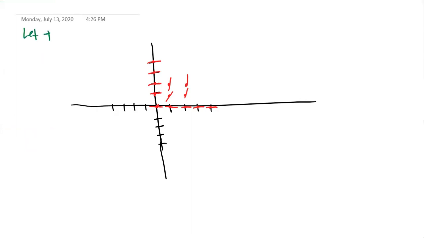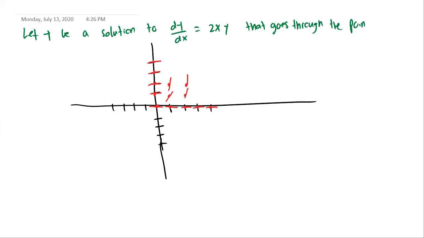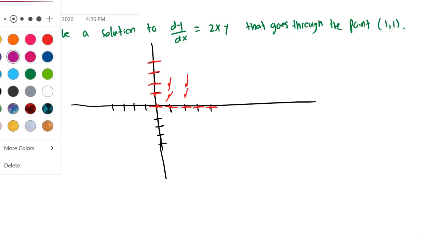Let y be a solution to, let's say, the differential equation dy dx equals 2 times x times y, that goes through the point, let's say, 1, 1. All we know about this solution is that it passes through this point.